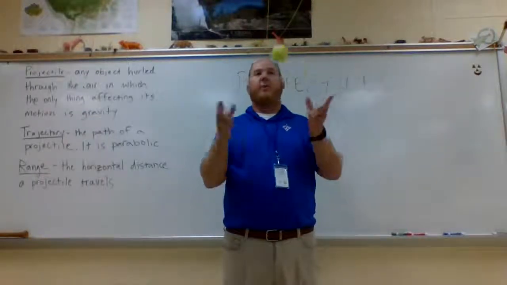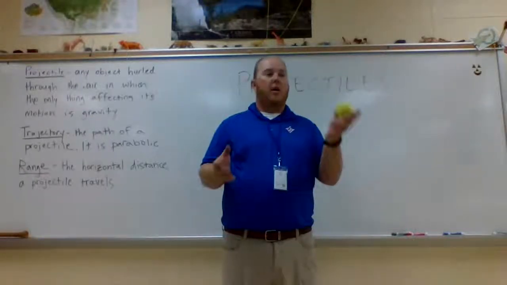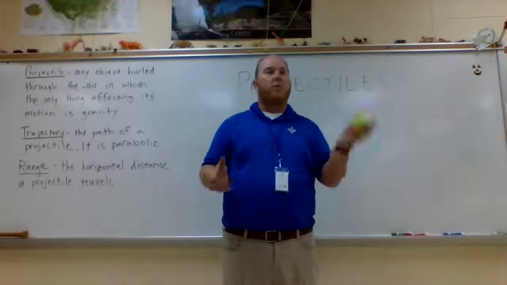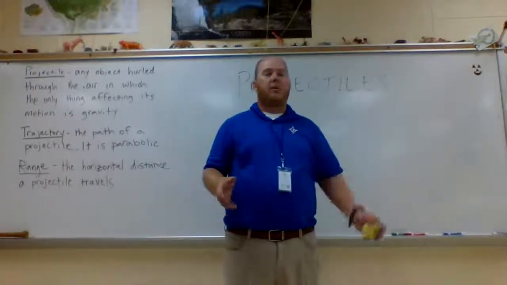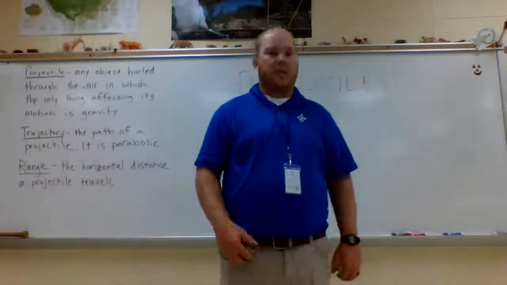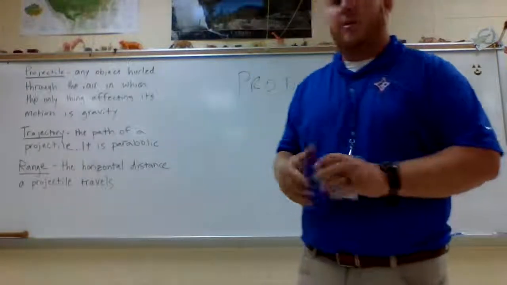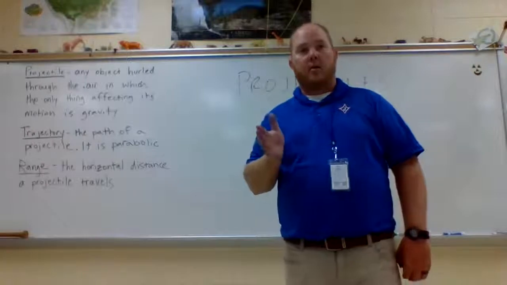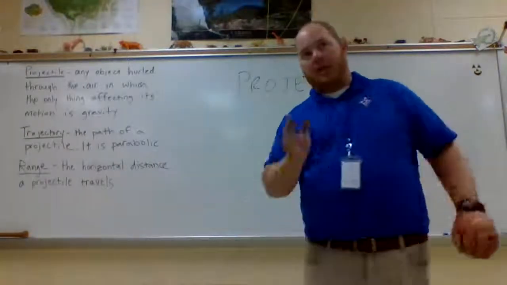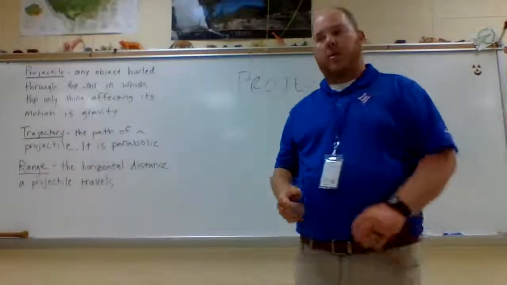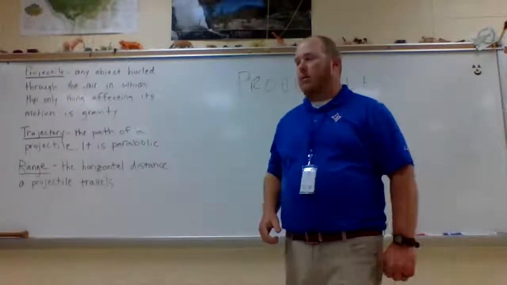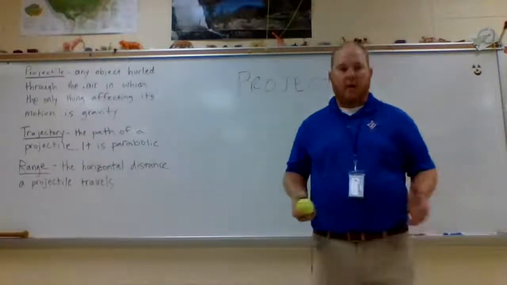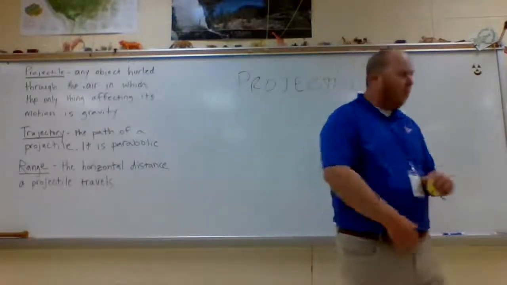A lot of times we'll call this the horizontal distance, but another way to say that is the range. That's an important term. A driving range or a shooting range is where you hit a golf ball down the range, or fire a gun down the range.